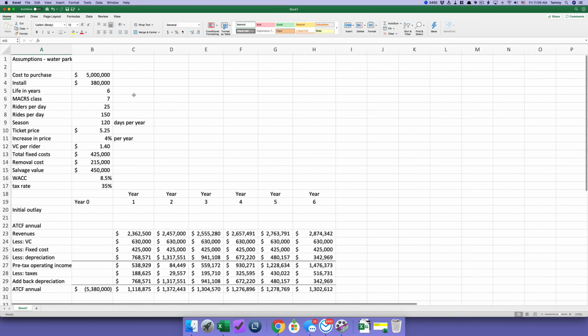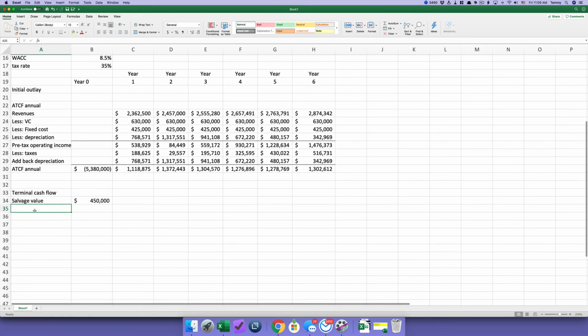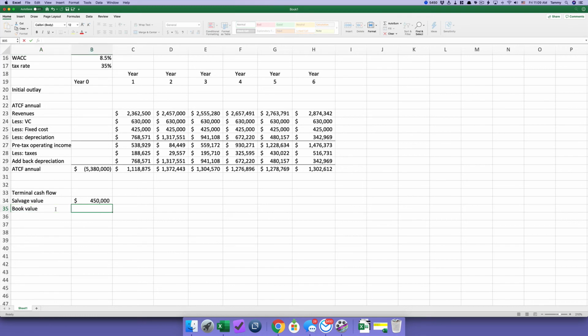Okay. Now, we have to look at the book value as well. So the book value is going to be our purchase price minus the accumulated depreciation that we've paid out during that whole time, right?